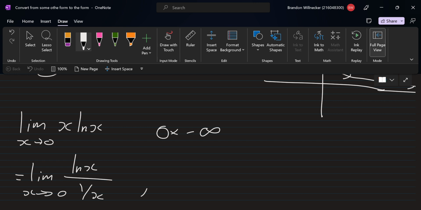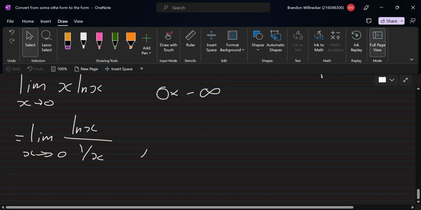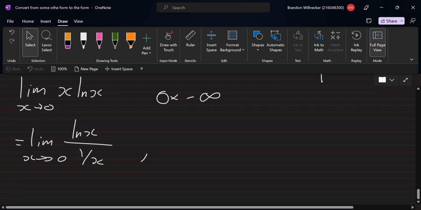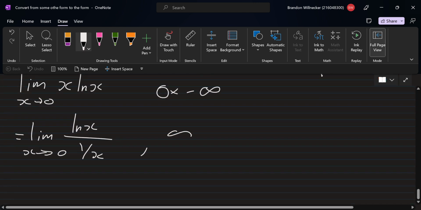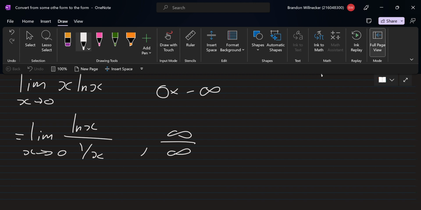Okay. The bottom part also goes to infinity. So we've got this form infinity over infinity. Okay, so we can use L'Hopital's rule with this. Again, that's something like infinity over infinity. Right, I'm not including positive or negative. Infinity is infinity. You can deal with the positives and negatives for each question you get.